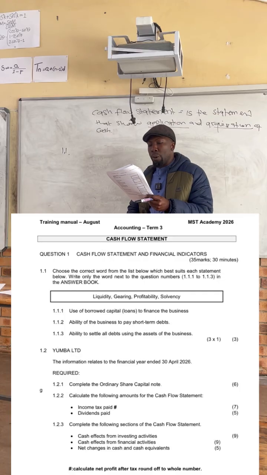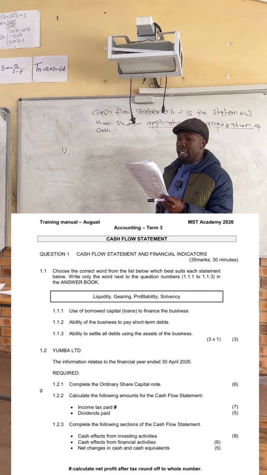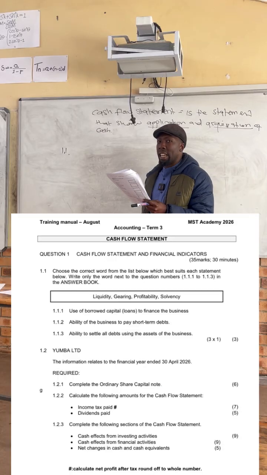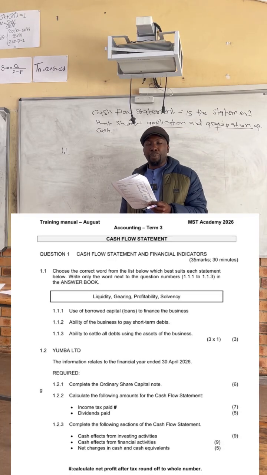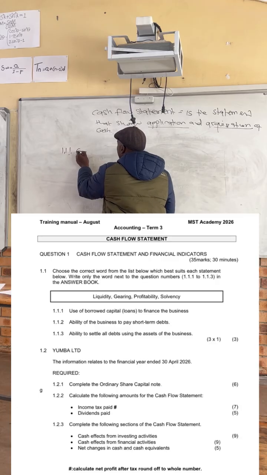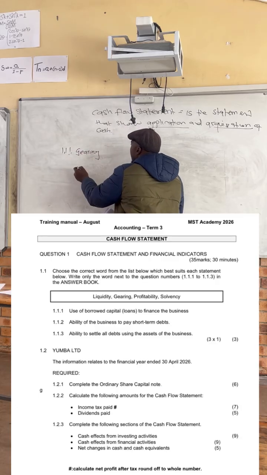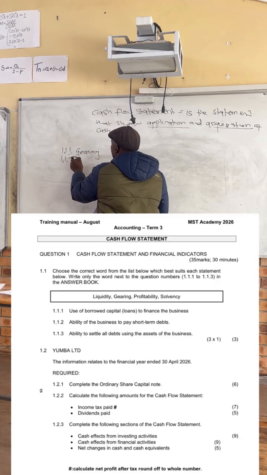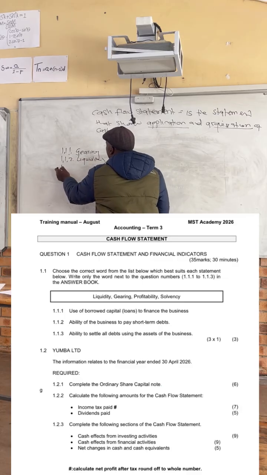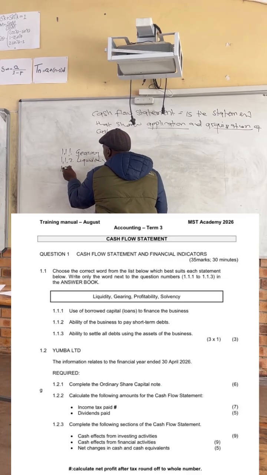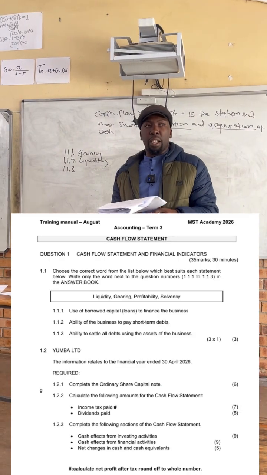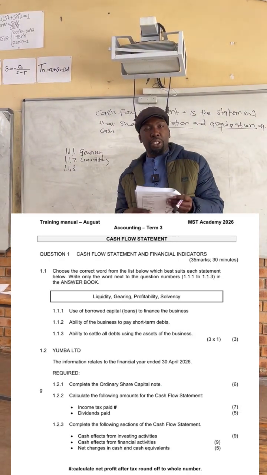And then we go to 1.1.2, the ability of the business to pay short-term debts. That will be our liquidity, ne? Liquidity. 1.1, we said it's our gearing. And then 1.1.2 is our liquidity. Now, obviously, we've already eliminated profitability because we know that profitability is the ability of the company to check the profit margin.